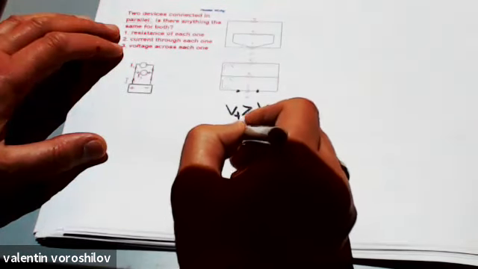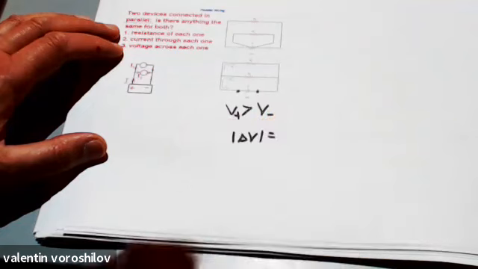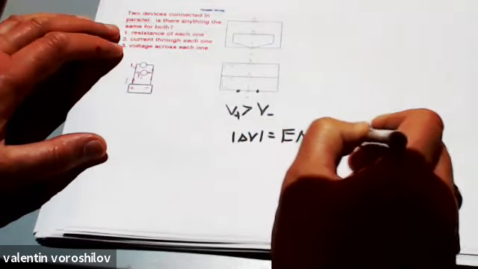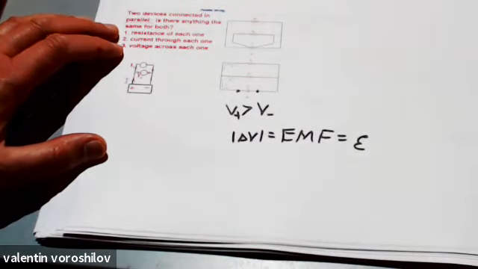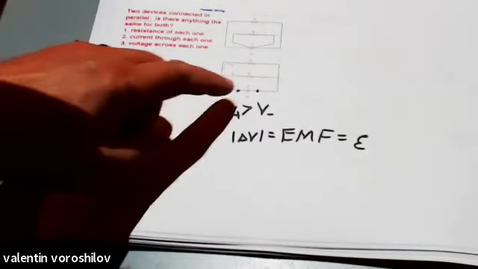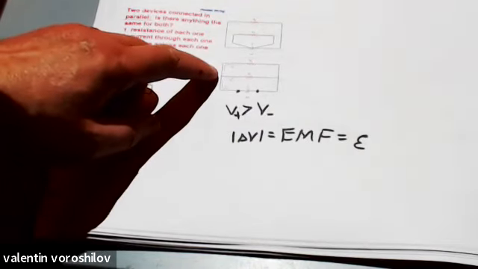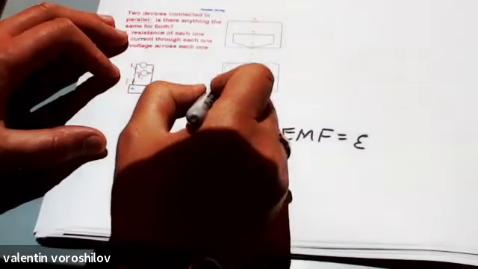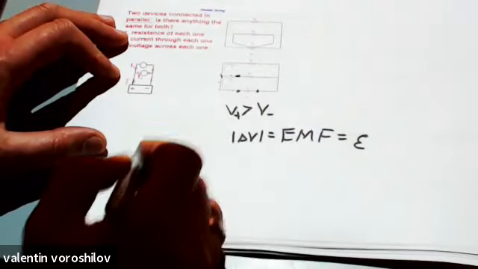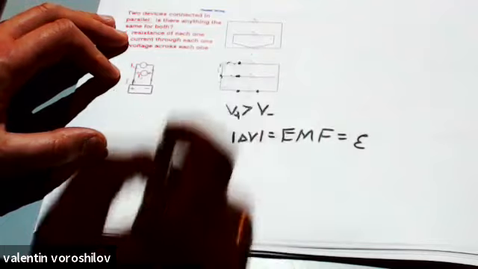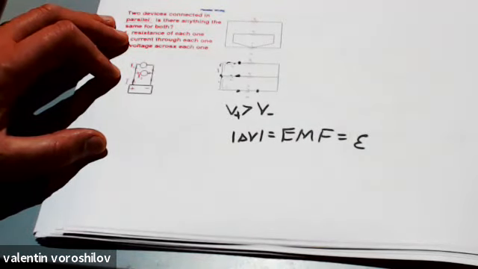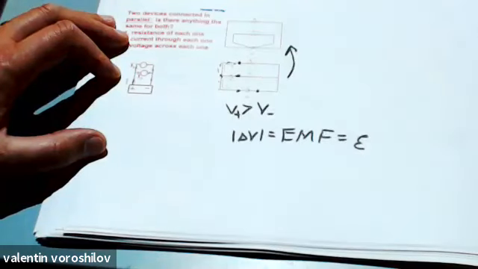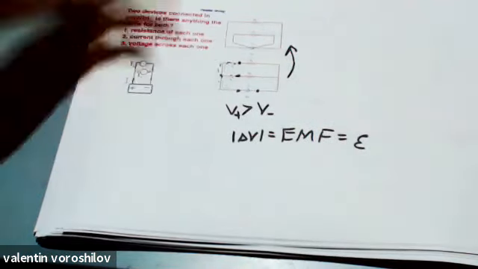The difference, delta V, is just equal to the EMF of this battery, or epsilon, wherever it is. But as we know now, a wire does not change electric potential. So the same electric potential will be here, here, here, and here, here, here. The same. This is why we could always redraw or rewire a circuit in this way. It doesn't make any difference.